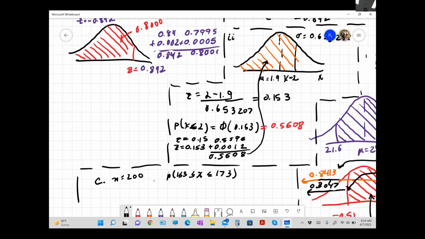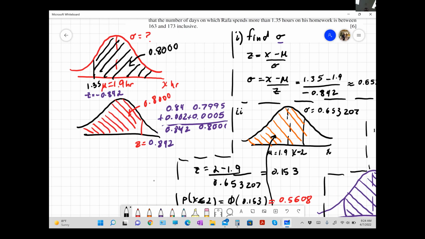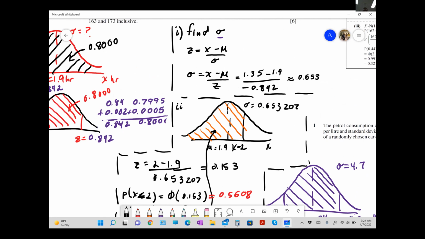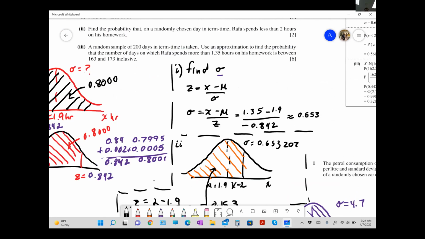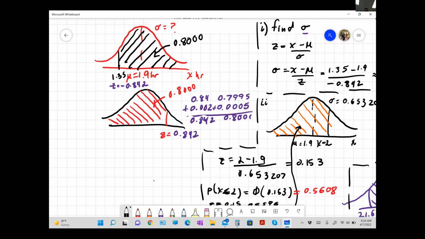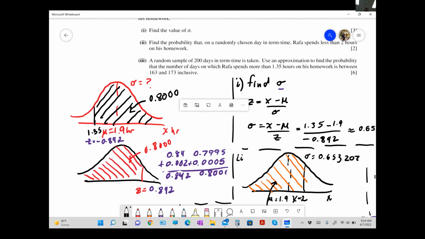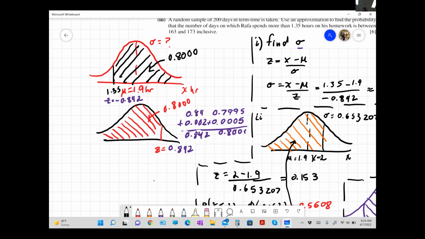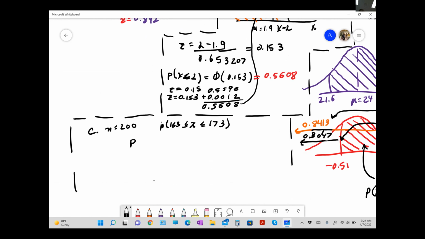Now, what was the probability that we got earlier in the question for spending more than 1.35 hours? What was the probability we got at the beginning of the question? The probability of the time greater than or equal to 1.35 at the beginning of the question is 0.8000.